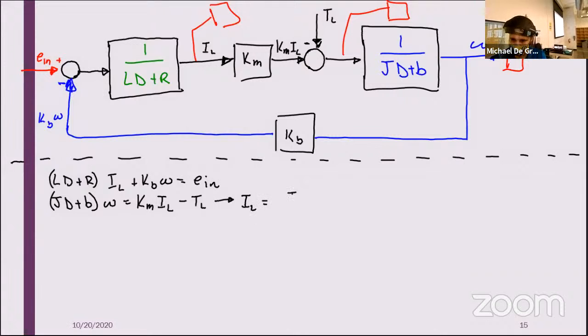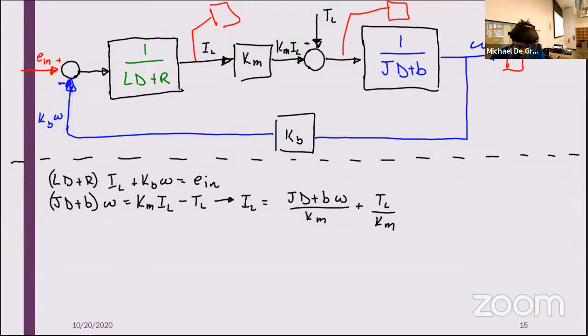So I'm going to solve this bottom equation for I sub L. If I solve this for I sub L, I'll get something that looks like this. Why would you leave it like that, Dr. DM? Reasons that we'll talk about later. Doesn't matter. Algebraically, it's the same as combining everything, right? Okay.